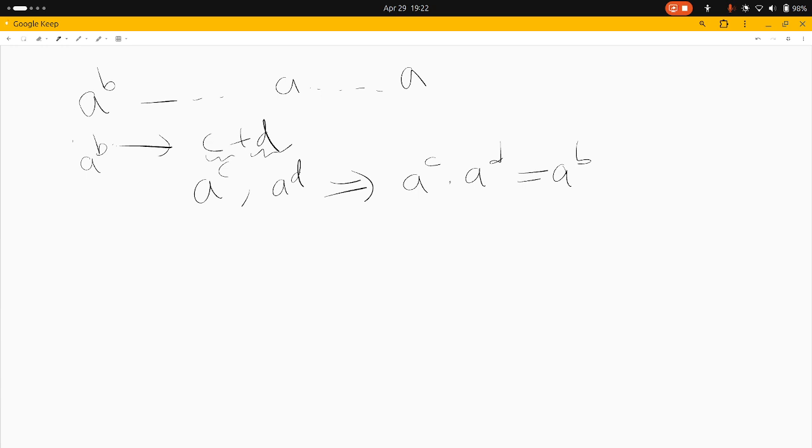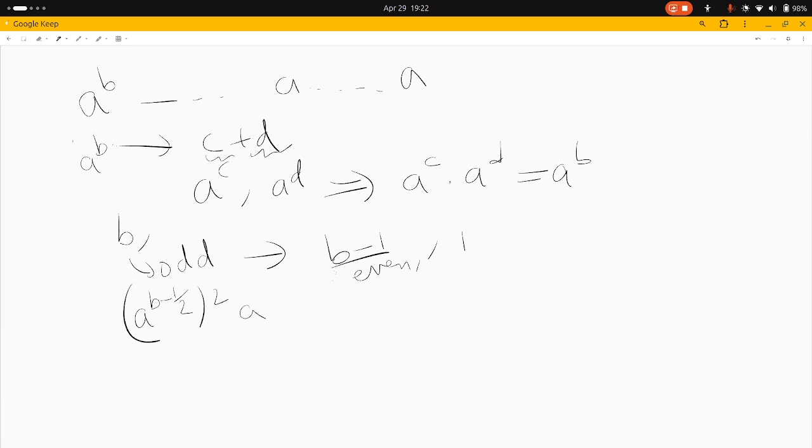Let me check whether b is odd or even. If b is odd, then b minus 1 is even, and there will be a separate factor. So this can be written as a power (b minus 1) by 2, whole square, into a, if b is odd. If b is even, we can directly write a power b by 2, whole square.